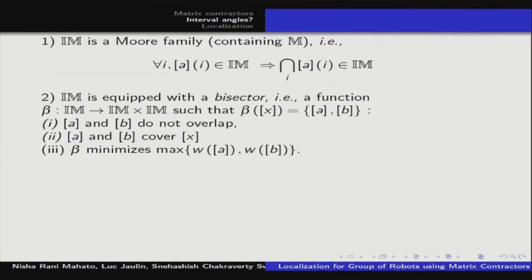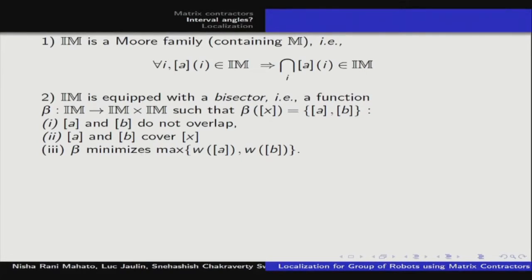So what do we need to generalize these boxes? First, we need to have what we call a Moore family. So what is a Moore family? Boxes correspond to a Moore family because when I take boxes, if I intersect two boxes, I still obtain a box. Even if the number of boxes is infinite, if I intersect them, I always obtain a box.